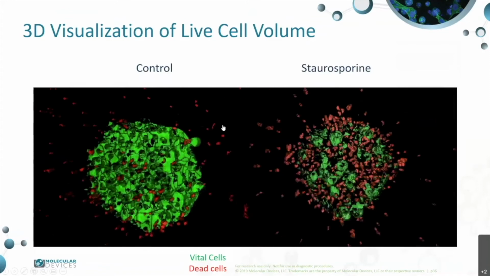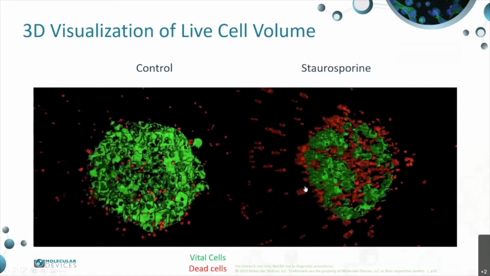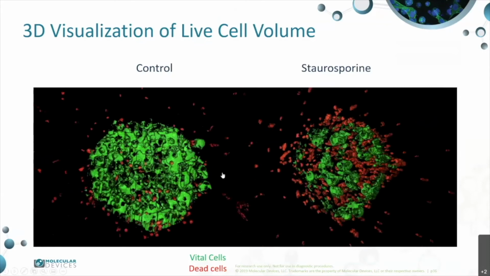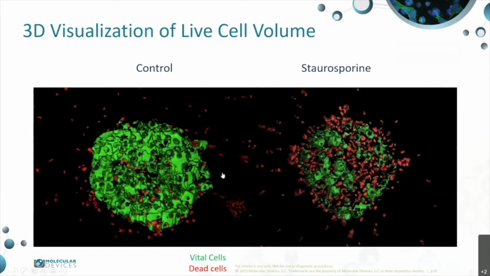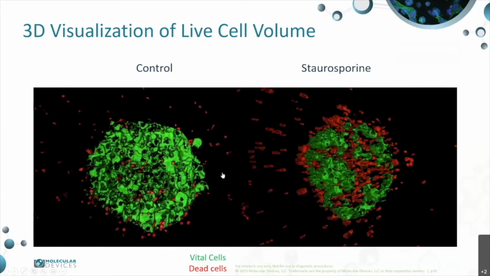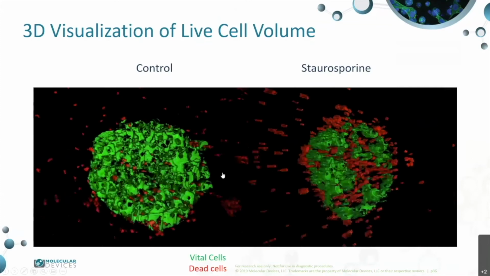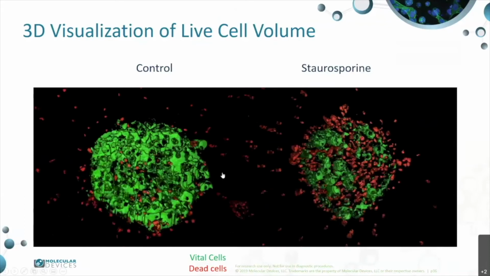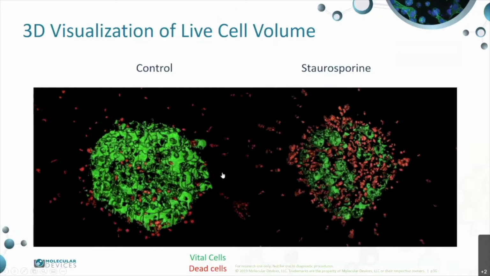You can see the changes in the number of stained cells, and also the volume of cytoplasm. And you can measure all of these readouts, and you can provide tables or spreadsheets of numerous readouts, which could be further analyzed.